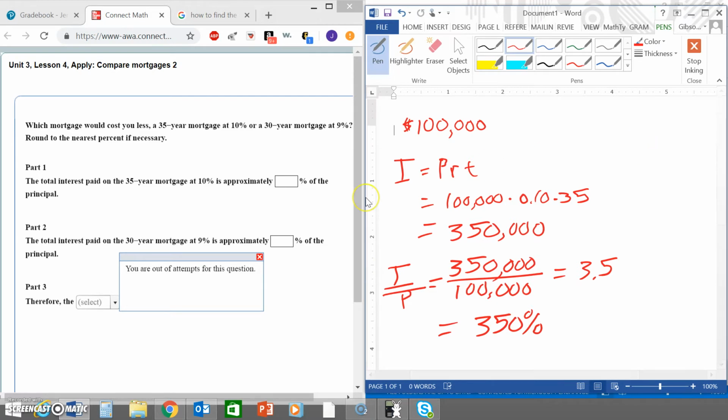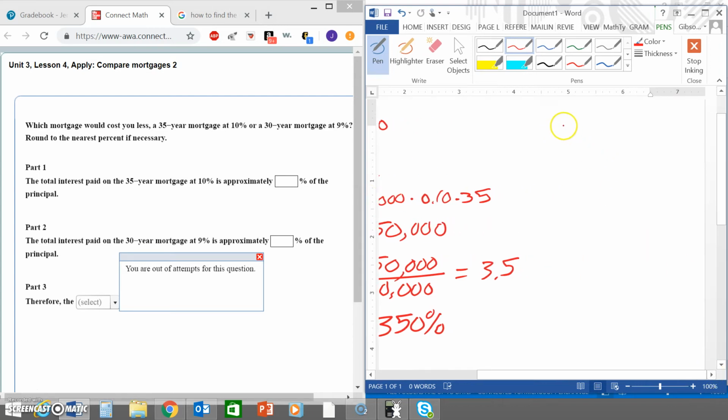Now we will move on to part 2 using the same exact formula. So we will have, let's just still use $100,000. That'll be the principal. We had interest is equal to principal times rate times time. Principal is 100,000.